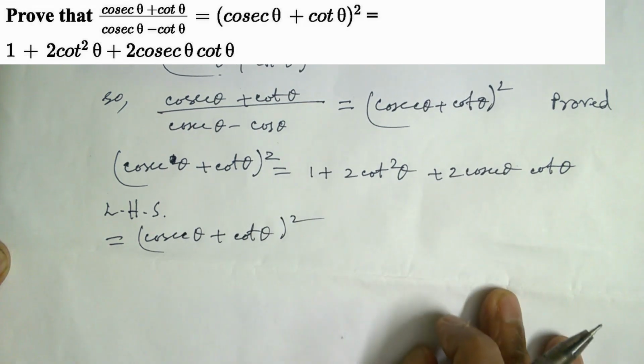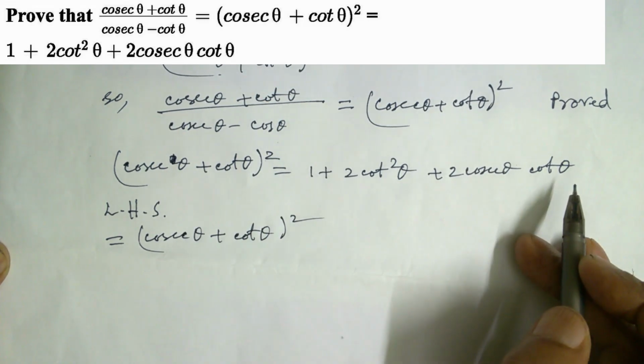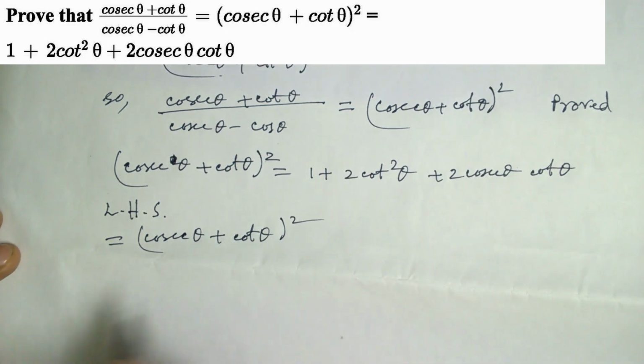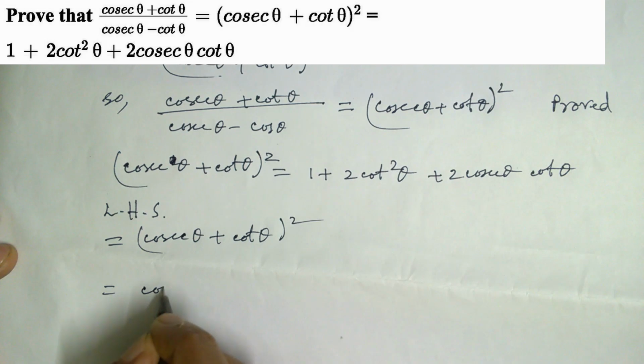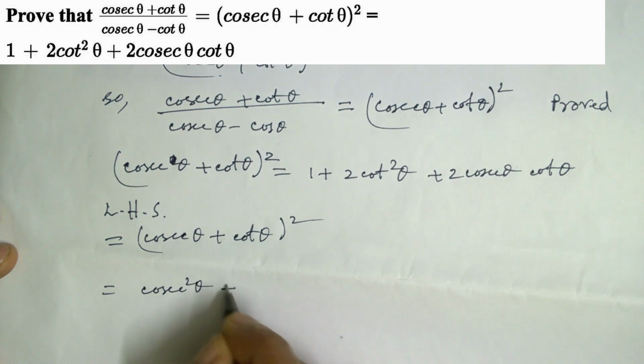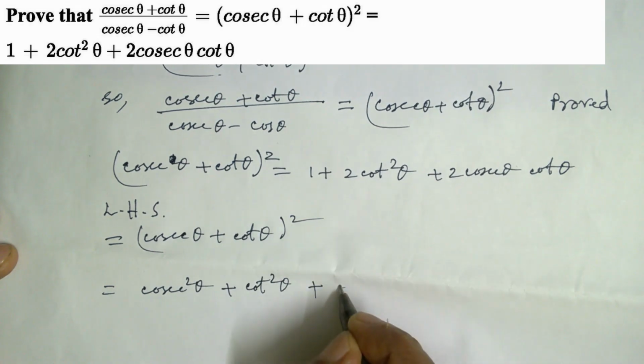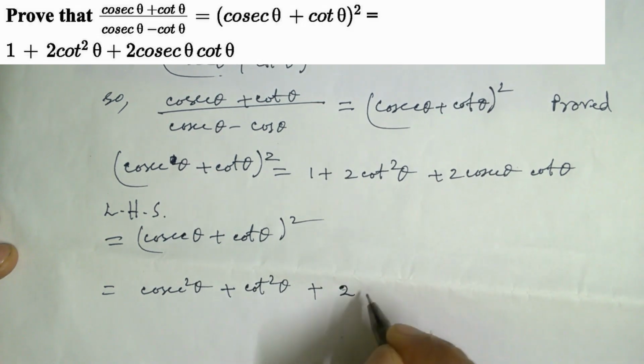square. See, here is 3 terms. If we expand this, we will have 3 terms. So first expand this. Plus, as per formula, a plus b whole square.